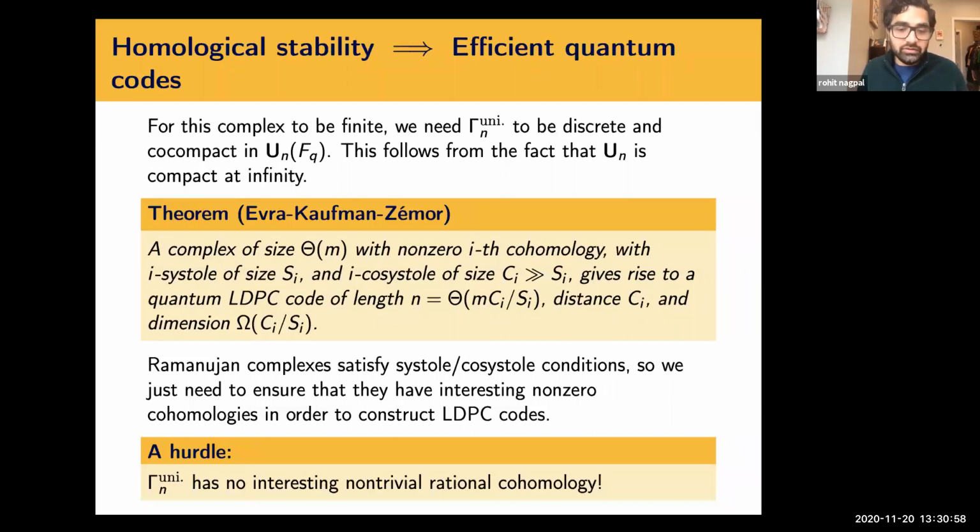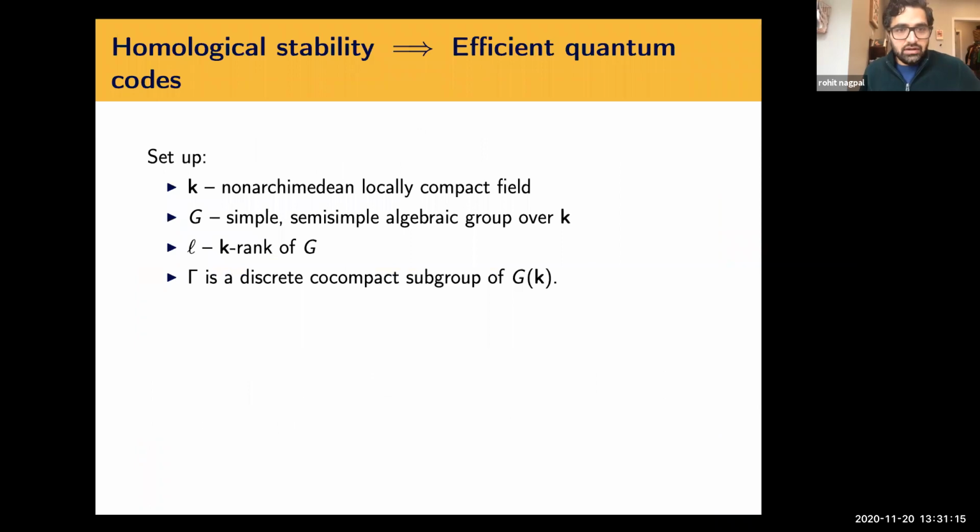I mean, it doesn't have to be rational cohomology. We need some cohomology. But the first thing to do is to try to see if we can get rational cohomology, and we can't. So let me explain why the unipotent group doesn't have any interesting rational cohomology. Here's a very general result, and the setup is this.